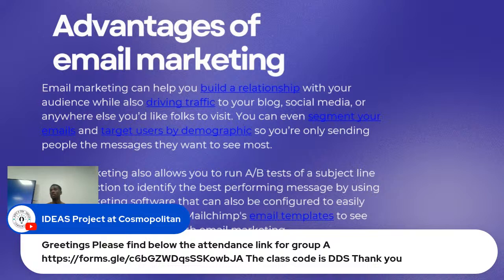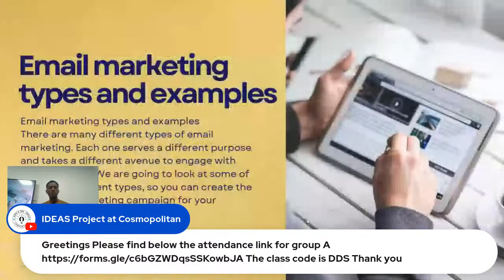We have a lot of them, but MailChimp is another one that you can use, because they have templates, just like the way you have templates in Canva and other apps. There are also templates you can use in MailChimp for your email marketing, which I'm going to be showing you.